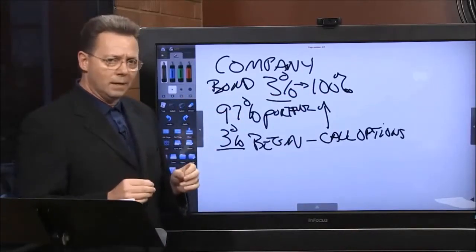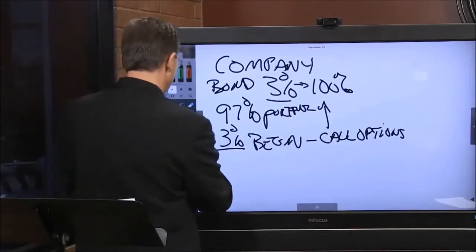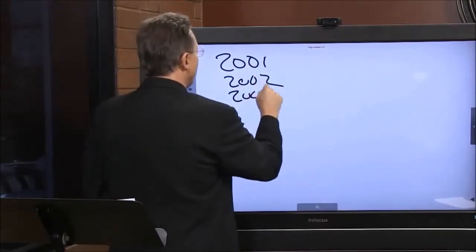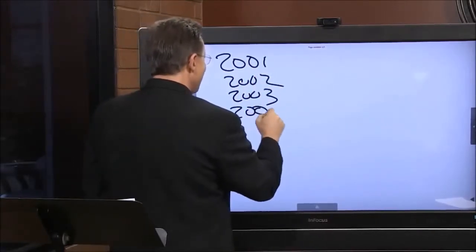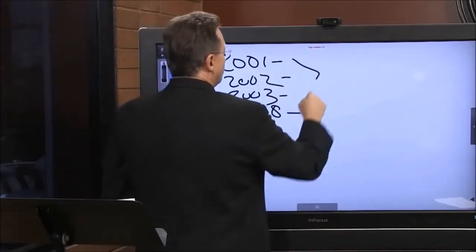Now, keep in mind that even in the worst scenario, and let's just talk about that for a second, in 2001, 2002, and 2003, and 2008, these were the worst negative years of the S&P.